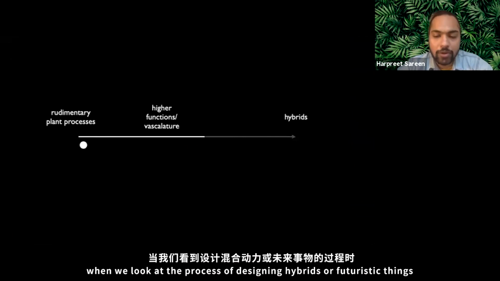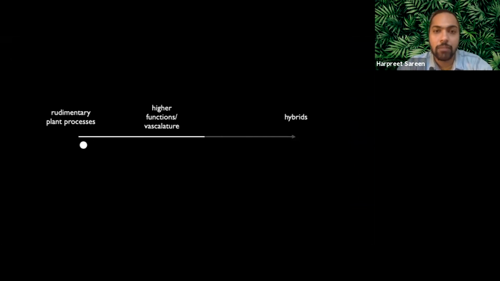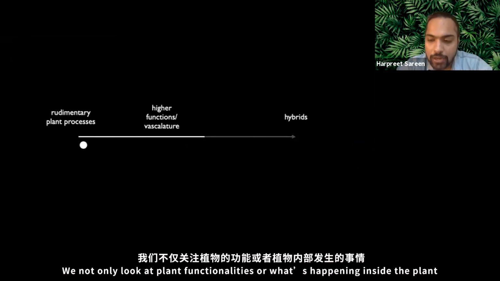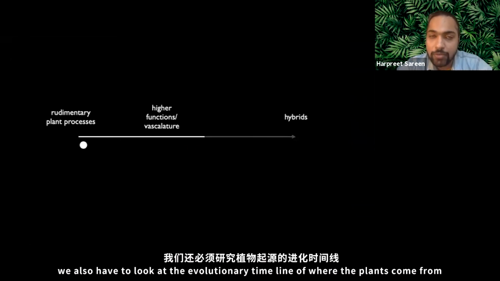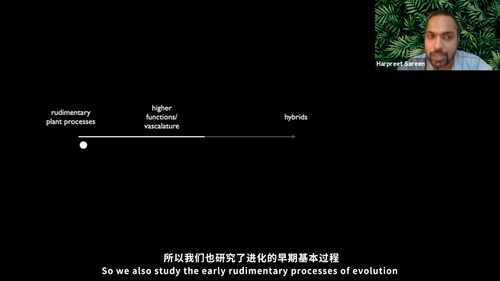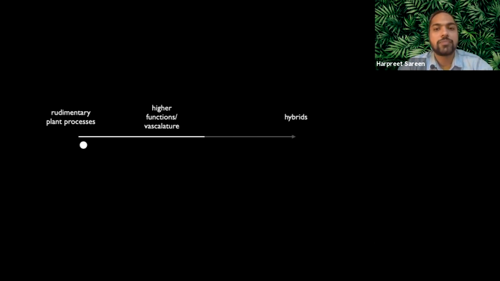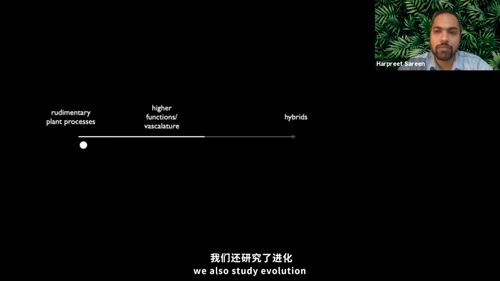When we look at the process of designing hybrids or futuristic things where things are being merged with the plant functionalities, we not only have to look at what's happening inside the plant, we also have to look at the evolutionary timeline of where the plants come from. So we also study the rudimentary plant processes, right? And in this case, to design hybrids, we also study evolution.